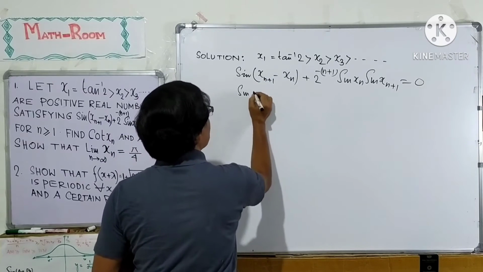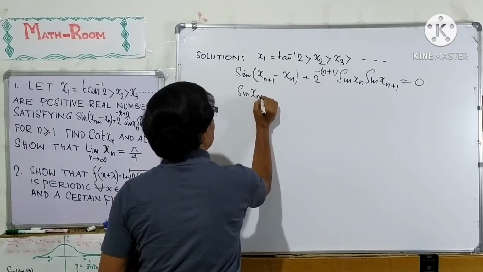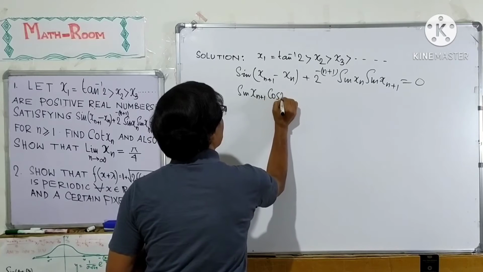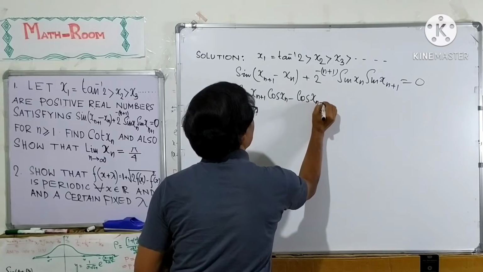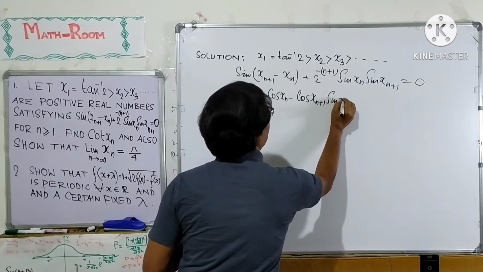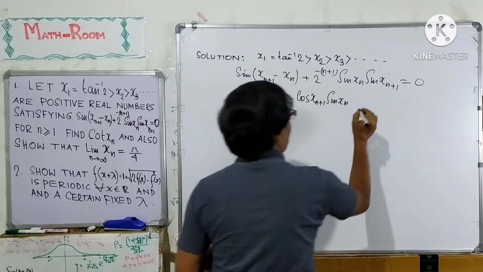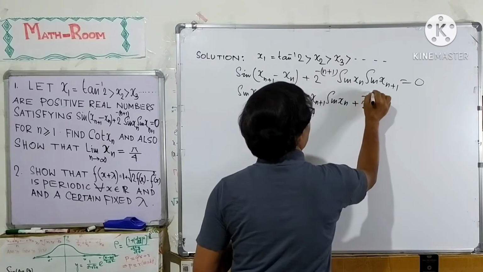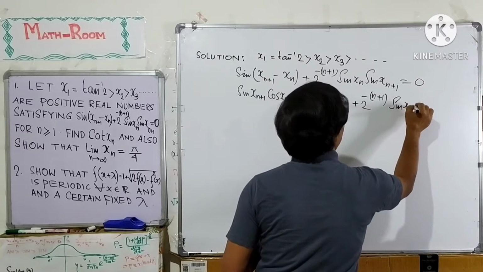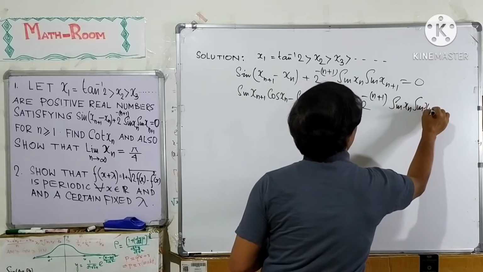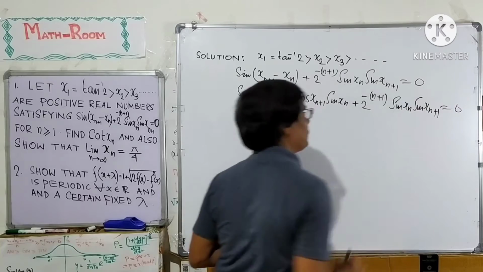The formula is sin x_{n+1} cos x_n minus cos x_{n+1} sin x_n plus 2 to the power minus (n+1) sin x_{n+1} equal to 0.